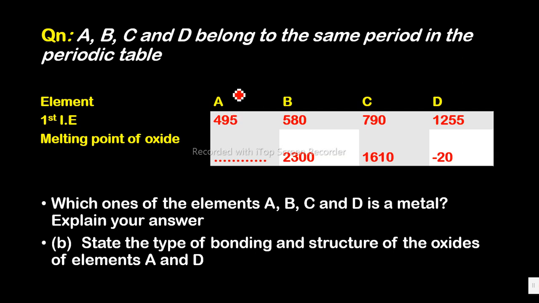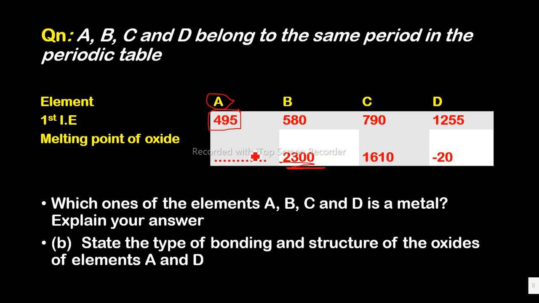For instance, you can look at our elements. We have element A, and its first ionization energy is 495. Its melting point is high, I'm sure it's higher than this.